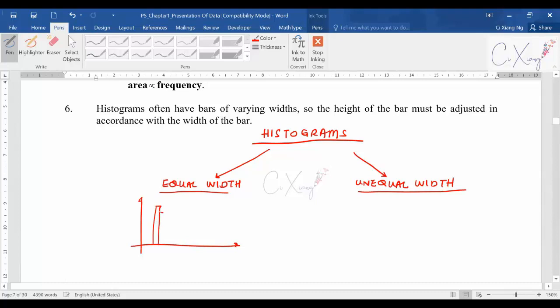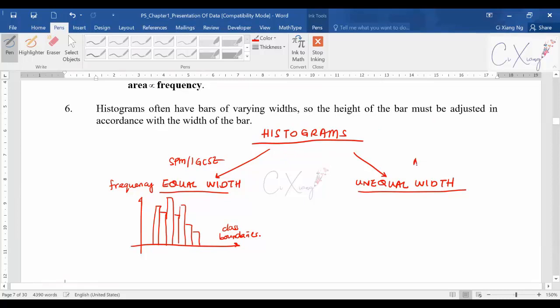That means all the bars have the same width, and you just draw it by looking at the frequency. Your label here will be frequency for the y-axis, and for the x-axis it will be either the class boundary or the definition according to the question that you have. So this one is SPM or IGCSE.